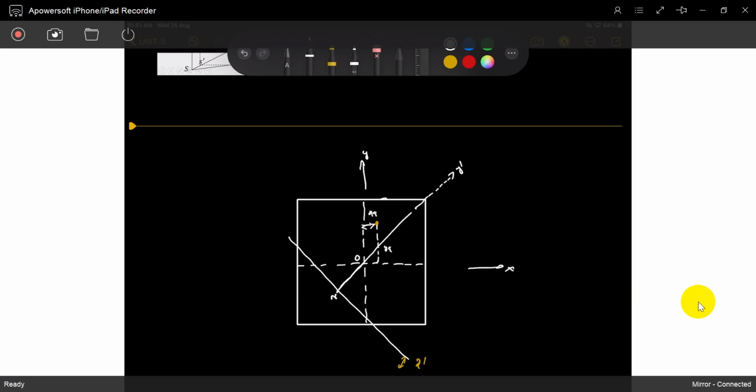Previously this is YA. Now, based on this axis, you can observe this is an XA, and this is a YA dash.